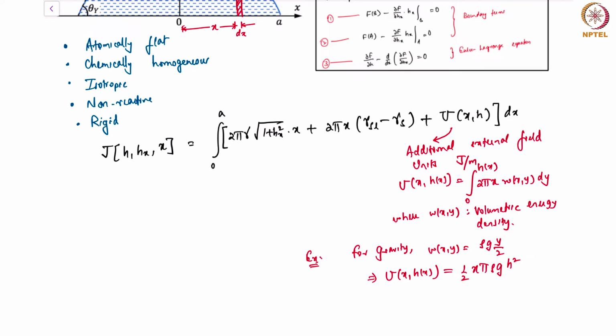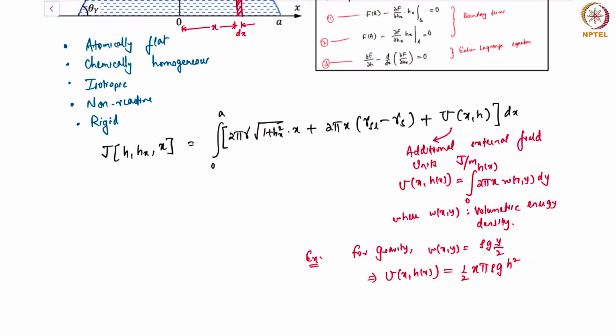Notice the parallel to what we had taken for the potential energy contribution in the energy functional for the 2D case. This is exactly the same thing, but for an axisymmetric case.